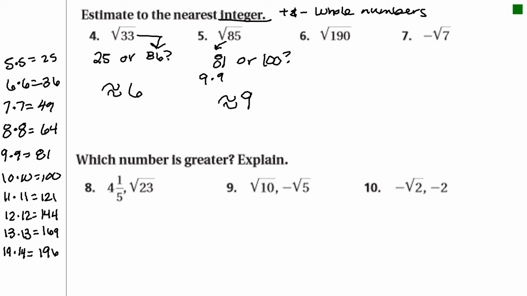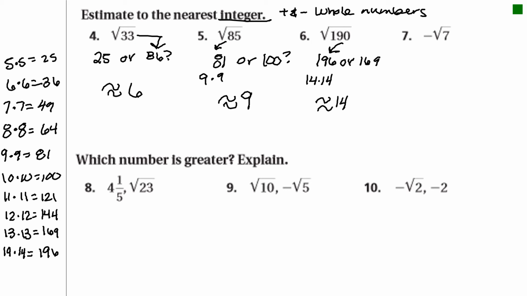We're getting there. Which one is it closest to, 196 or 169? Definitely 196, which is 14 times 14. So approximately 14 is what the square root of 190 is.